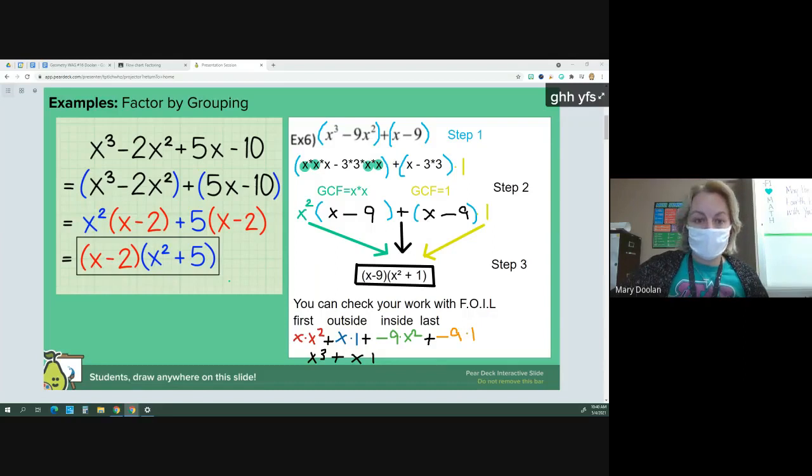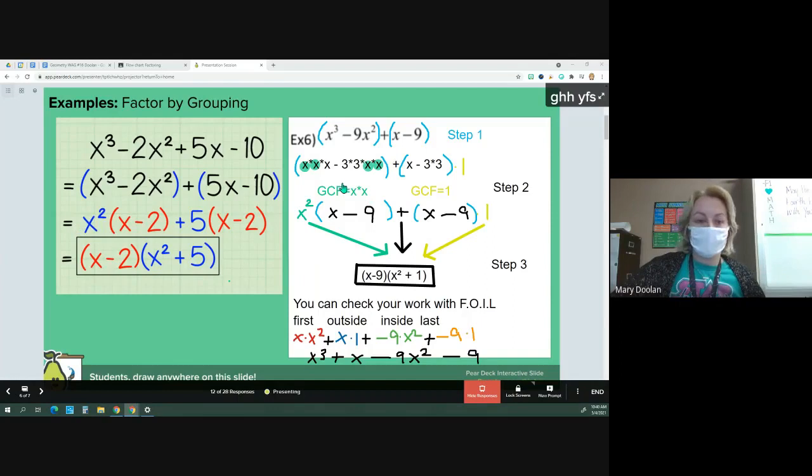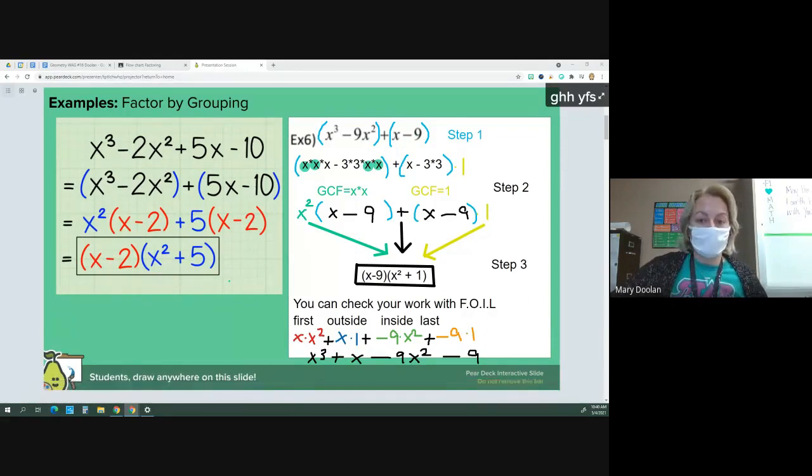They're using minus, so minus 9 x squared minus 9. And so it's in a little bit of a different order. The middle 2 terms are in a different order, but it's the same polynomial we started with, so we did check our work and it does work out, and this is actually the answer.